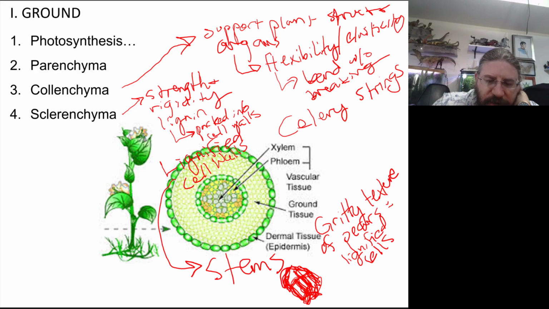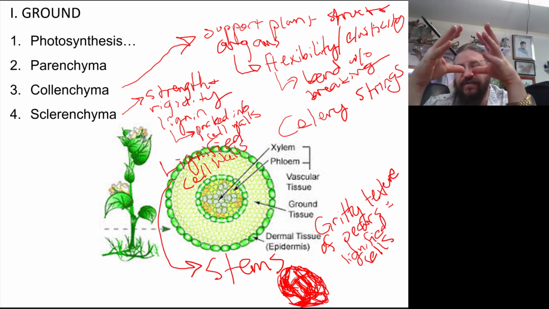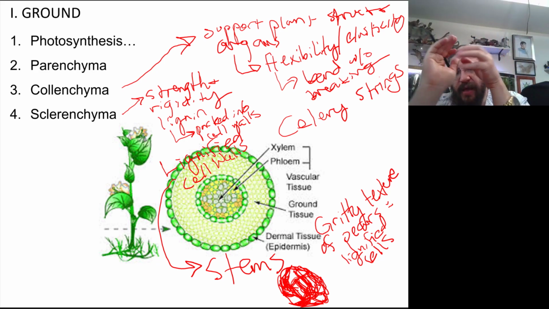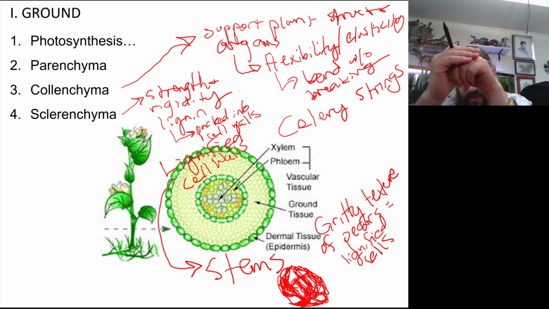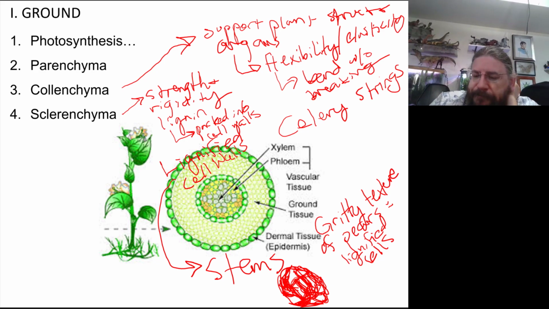It's this very strong pit. This outer layer is just lignified. It's like a lignified defensive structure. And you break it open to find the seed underneath.